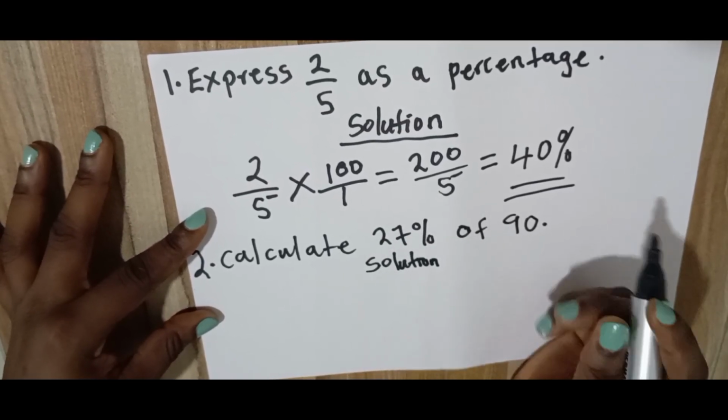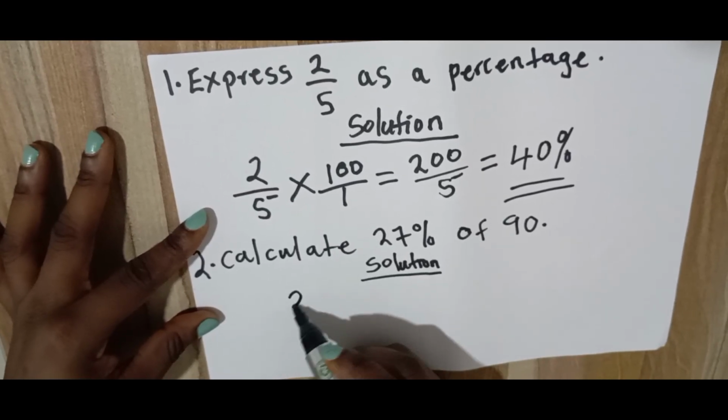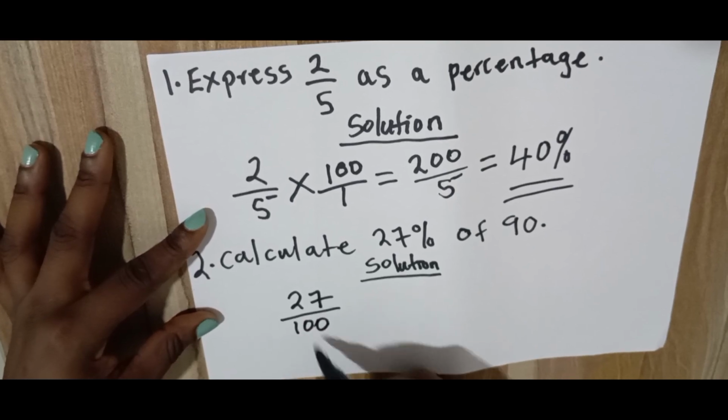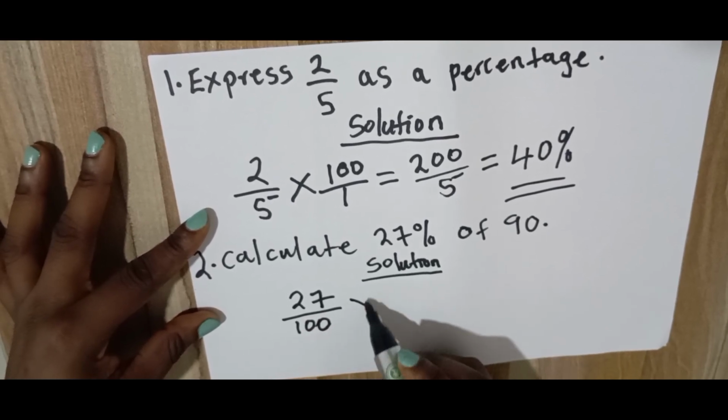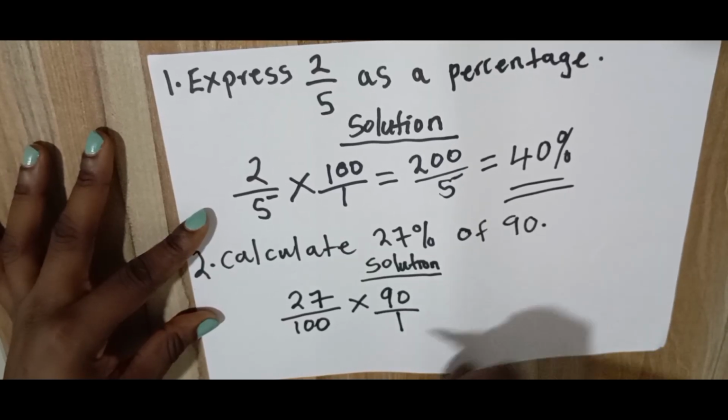Okay, so in order to achieve this, we're going to say 27/100 times 90/1, right?